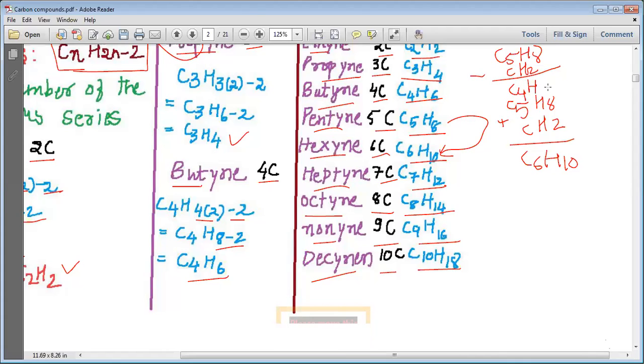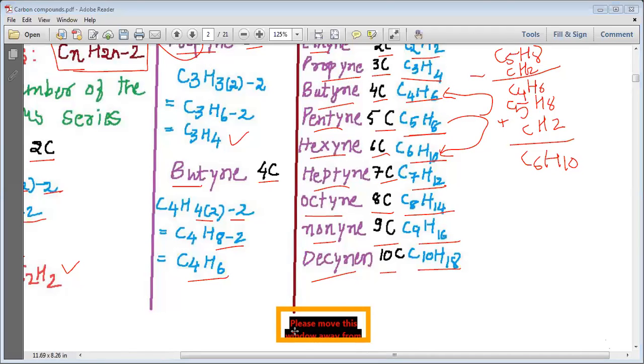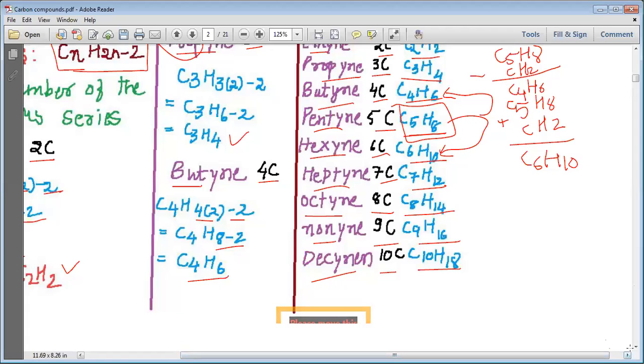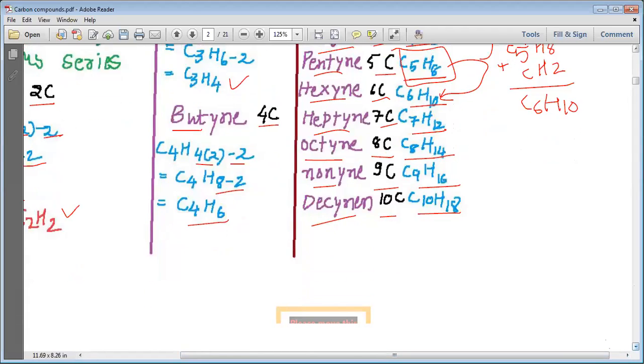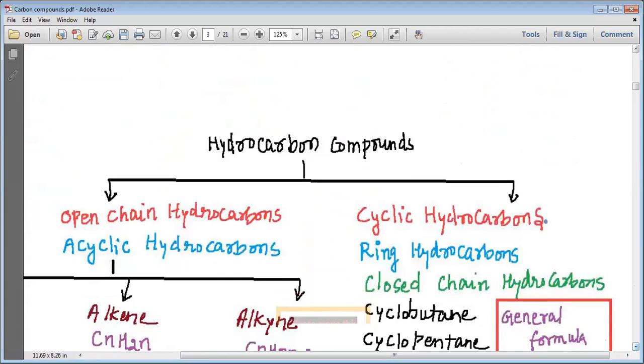So it goes C4H6. So when you subtract CH2 from C5H8, you get C4H6, and this is how, my dear students, each preceding and succeeding member differs by CH2 or 14 u mass, and this is how the requirement for homologous series is fulfilled.